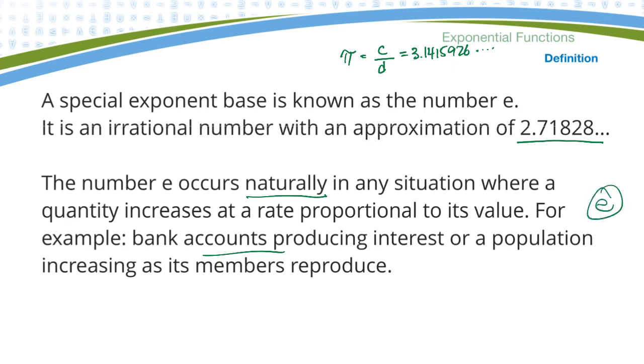Okay. Another example is a population of people. You don't just get new people appearing from anywhere, they appear as a result of the current population. So a relationship that happens as that population increases or decreases would be the number e.